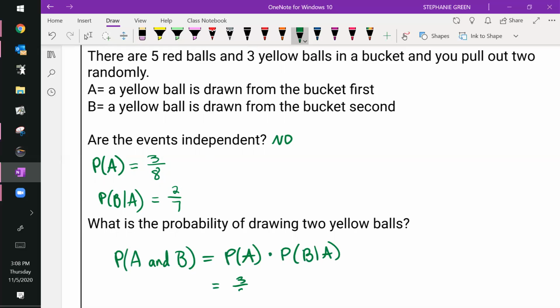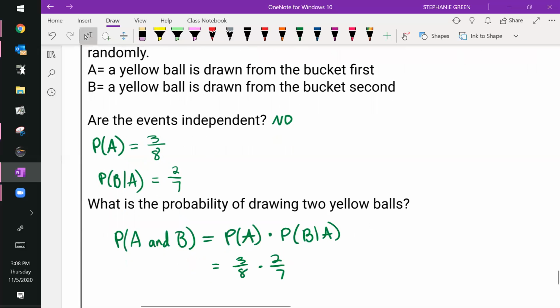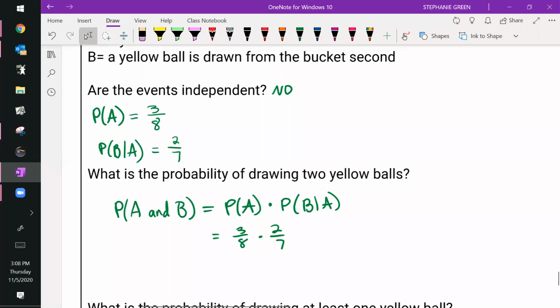So that's 3/8 times 2/7. And if you don't remember multiplying fractions, we just multiply across. 3 times 2 on the top gives us 6, and 8 times 7 on the bottom gives us 56. Which is the same thing as, let's see, 3 over 28.